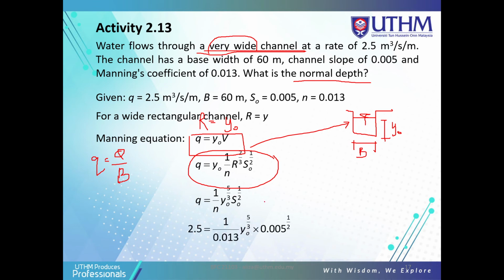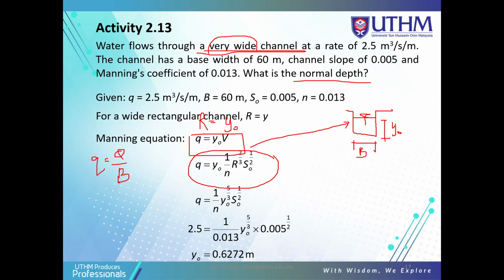No need to worry, this equation is also given in your test or final, in the list of formula. So just put all the values here until you get the Y naught, 0.6272 meter.